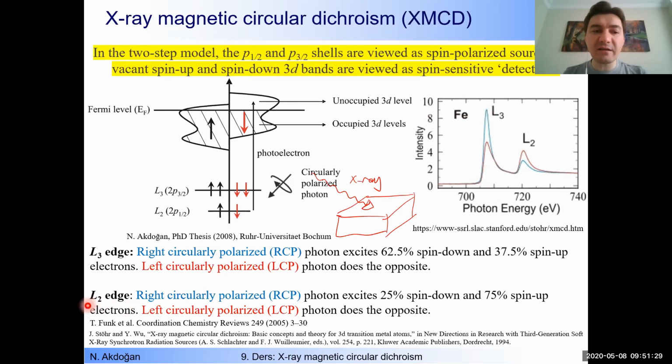Let's go to the L2 edge. You set the incoming X-ray energy to the L2 edge, the binding energy of electrons at that level. If you use RCP, the blue one, we can excite 25% spin-down electrons. Here you see. But if you use LCP photons at the L2 energy, we can excite 75% spin-down electrons. Okay.